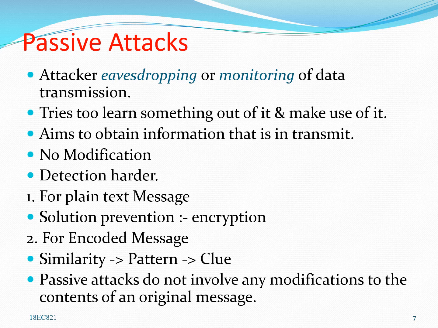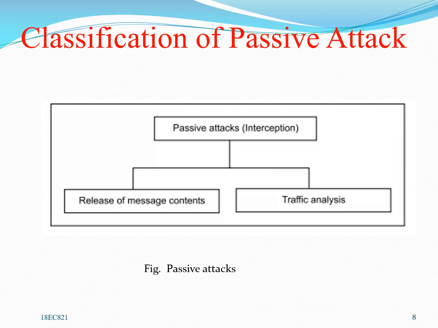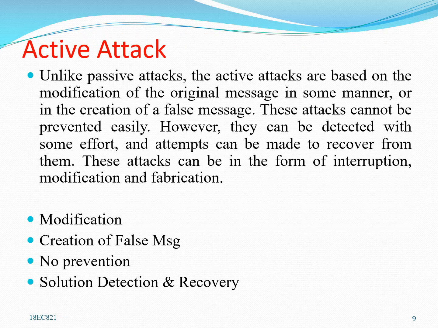These passive attacks are classified again into two subcategories. One is called release of message content, the other is called traffic analysis. Release of message content is quite simple to understand. For example, when we send a confidential email message to our friend, we decide that only she should be able to access it.